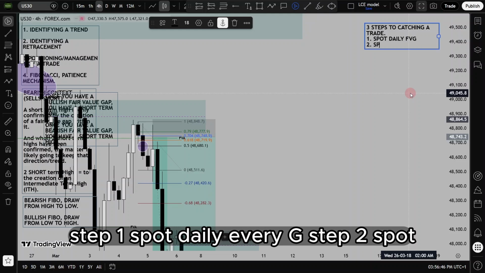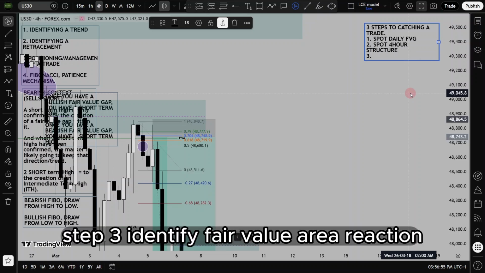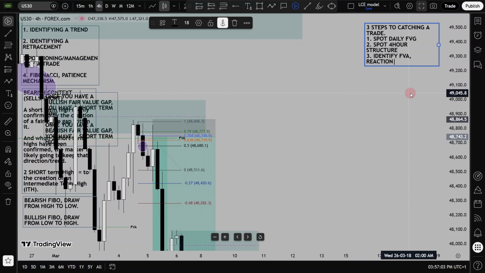Step 2, spot 4-hour structure. Step 3, identify fair value area, reaction point, or origin point.